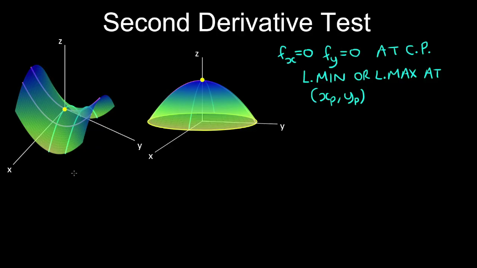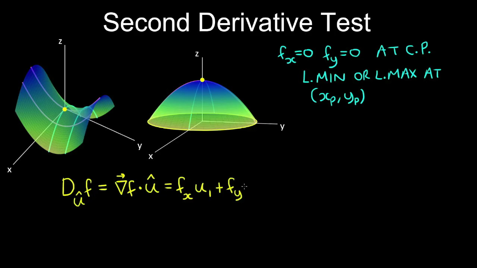And we found this condition using the directional derivative in an arbitrary direction u. So that was a dot product between a gradient vector and the arbitrary direction vector, which was the partial of the function with respect to x by the x component of the direction vector plus the partial with respect to y by the y component of the direction vector.